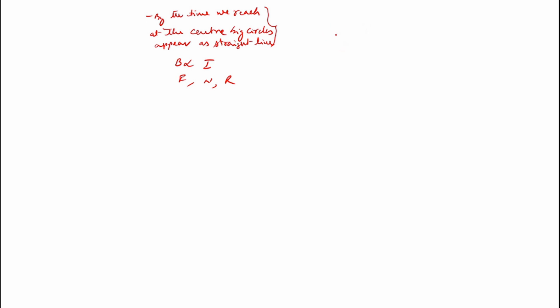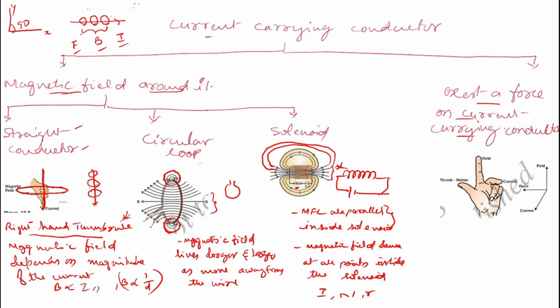So the solenoid property is used for making an electromagnet or permanent magnet. So this is the property used from the solenoid. So one property we have seen, but the solenoid we can use for our daily needs.